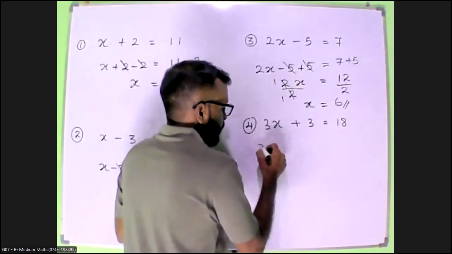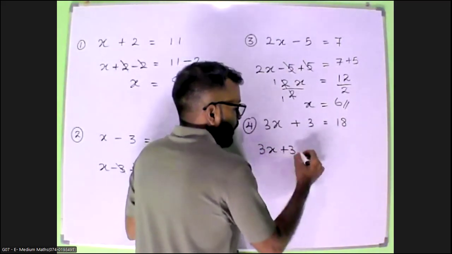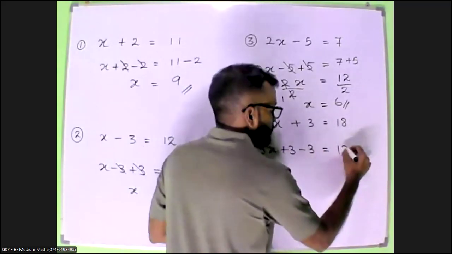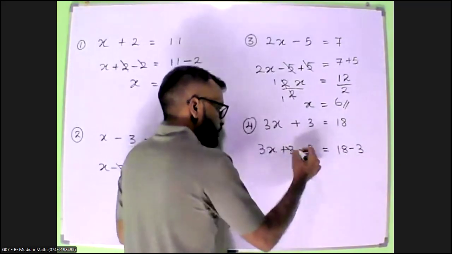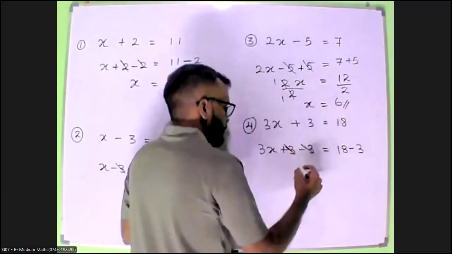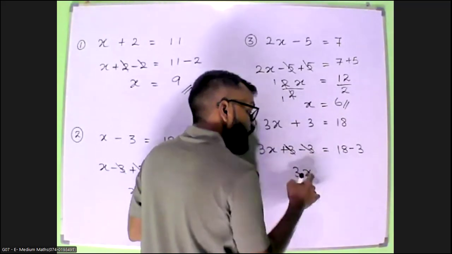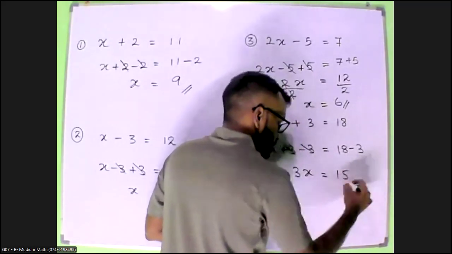So, if I want to remove positive 3, I need to negate 3 from both sides. I am going to negate positive 3 to negative 3. Then, in my left hand side, I have 3 multiply x equals 18 minus 3, 15.